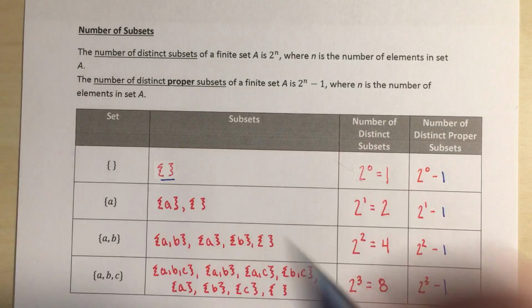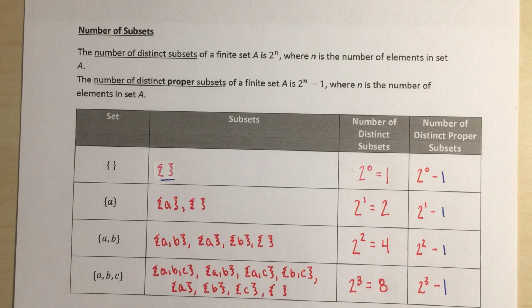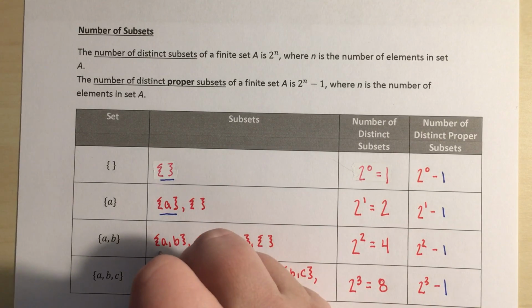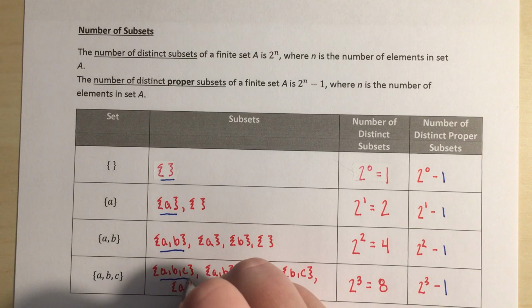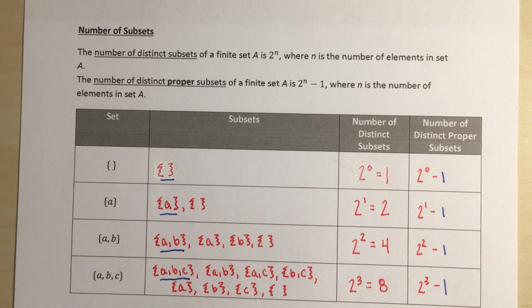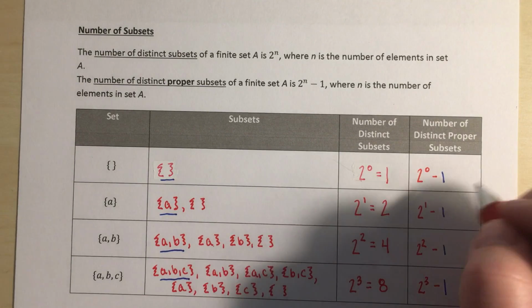This set here is the original set that we started with, so we can't use that set as a proper subset. We can't use set A as a proper subset. The set with both of those is not a proper subset, because they're equal. So in all of these, we have to subtract the one subset that was our original set.